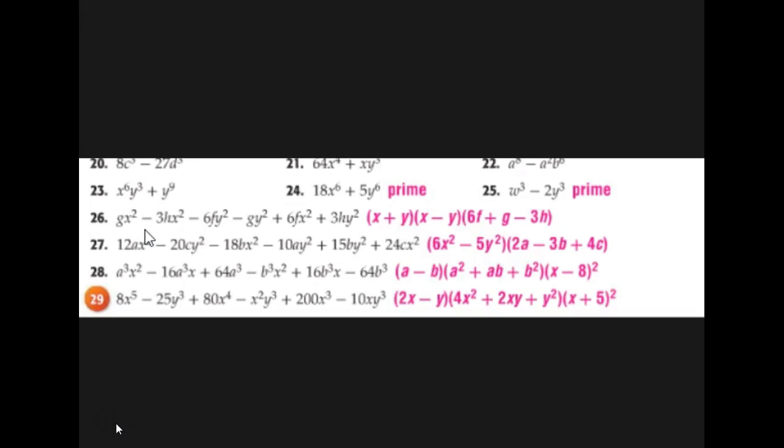So that meant flip-flopping these two terms in here so that the y was with the y's and the x was with the x's. So then you were going to group the first three terms and the last three terms. And over here, that gave you GCFs with x. Over here, it gave you GCFs with y. And then you were capable of factoring the x and y. And then that left you with the F's, the G's, and the H's.